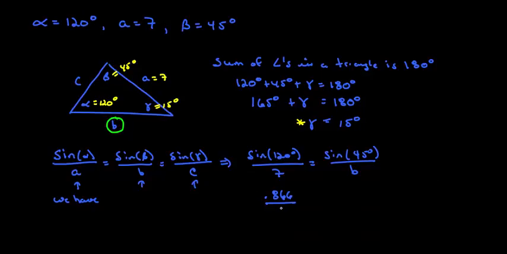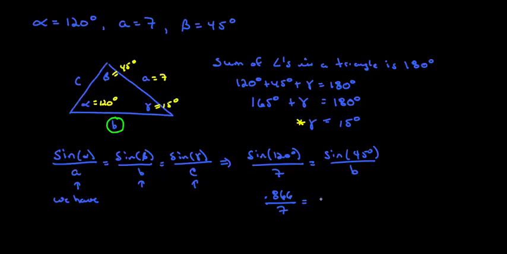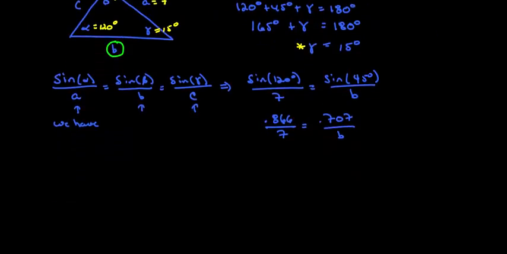We'll take that number and divide it by 7. That's equal to the sine of 45, which we know is square root of 2 over 2, but we'll go ahead and grab the value here. This is 0.707, and we'll divide that by b. Now we have to solve this.